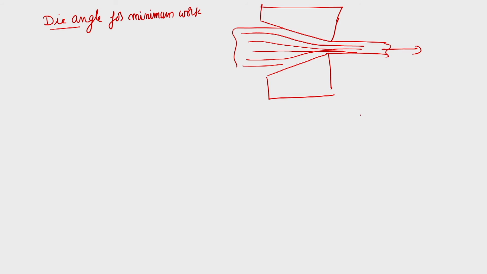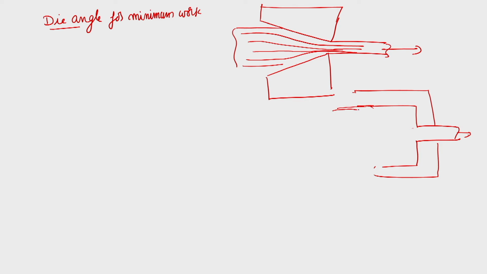But with the die angle increasing, for example, if you take a 90-degree die, 2 alpha is equal to 90 degrees, and you are trying to pull the material like this, a dead metal zone will come and there is an internal shearing which is taking place.